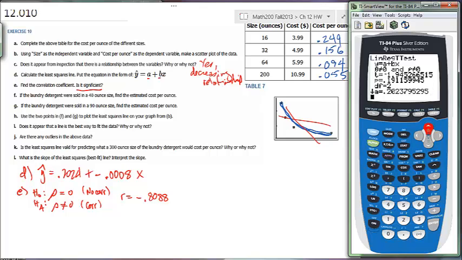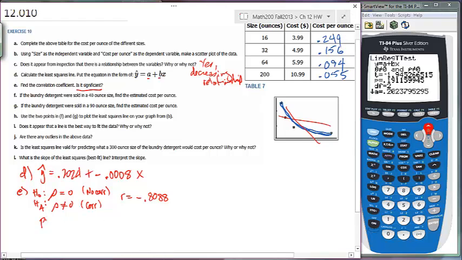And scrolling back up, we have our t and our p-value. So in terms of the hypothesis test, your p-value is what's important. And your p-value in this case is bigger than 0.05, your significance level. So when your p-value is bigger than that, we fail to reject the null hypothesis.